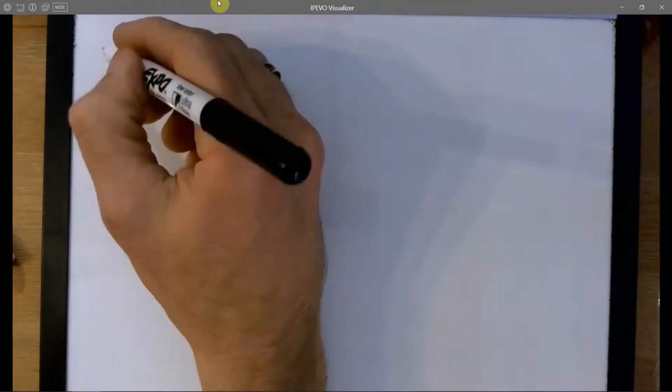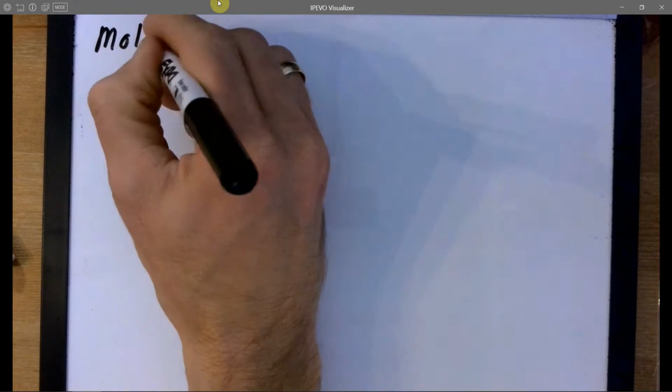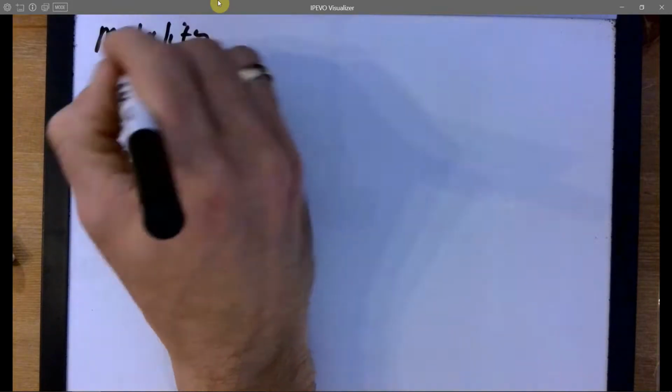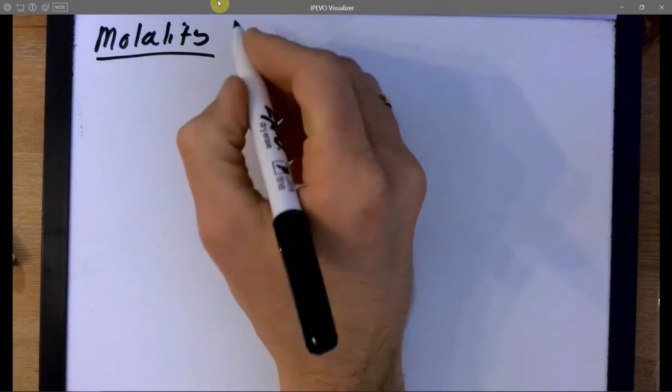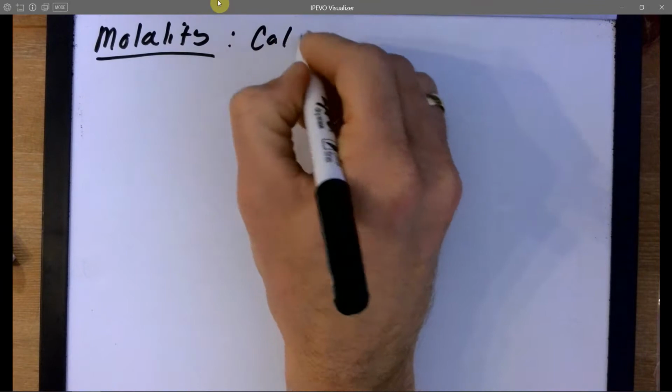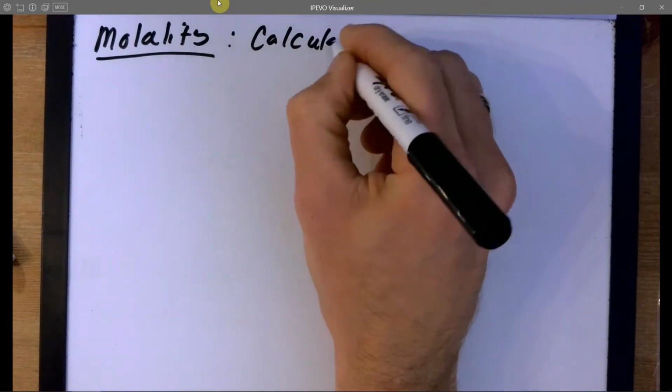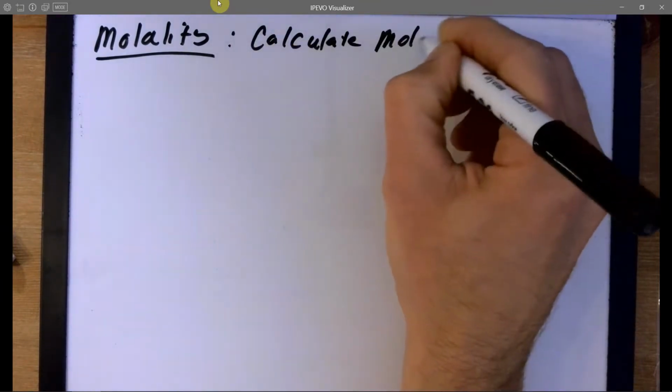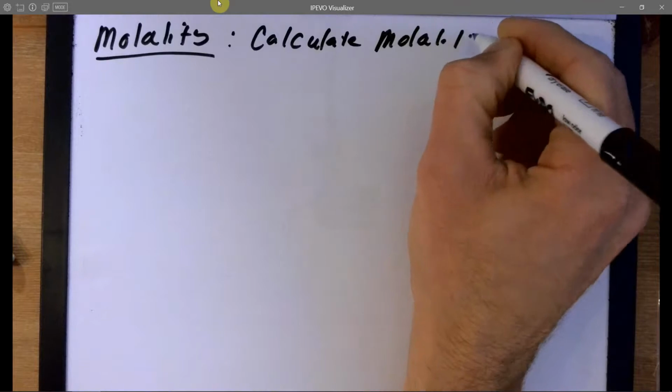Something has molality, which would be lowercase m instead of uppercase M. And let me give you an example here. Calculate the molality, kind of hard to say, especially when you have a dry mouth.